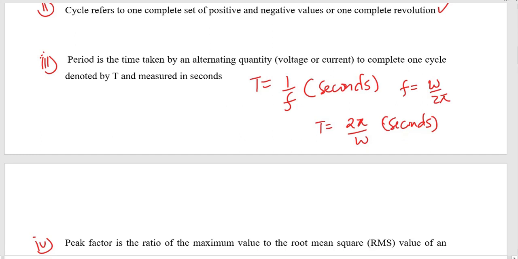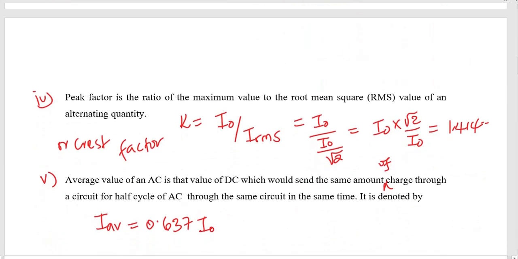What about the peak factor, or what we call the crest factor? It is the ratio of the maximum value to the root mean square value of an alternating quantity, which can be voltage or current. Therefore, if the crest factor is K, it is equal to I naught, the maximum value, divided by the root mean square value.